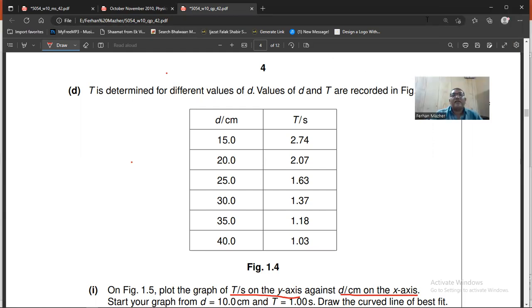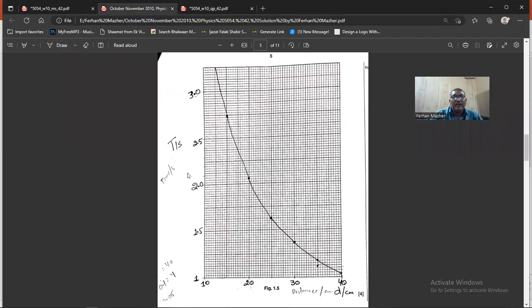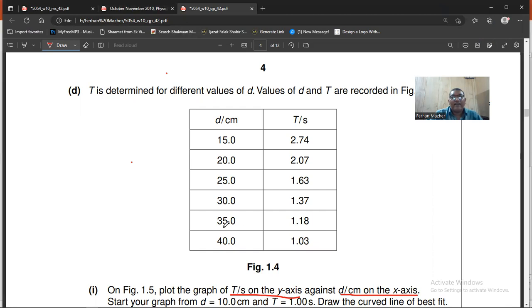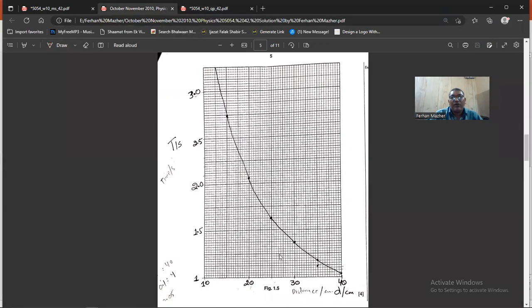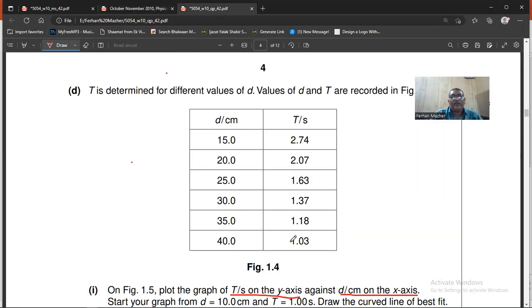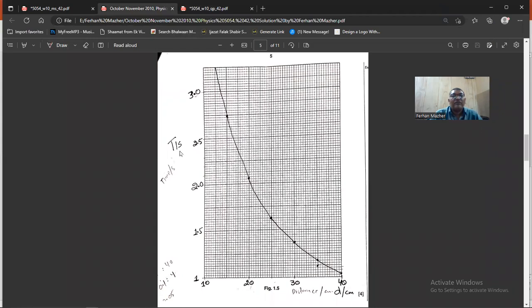At 30, it is 1.37. And then at 35, it is 1.18, and at 40, it is 1.03.